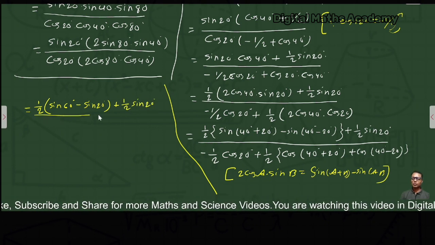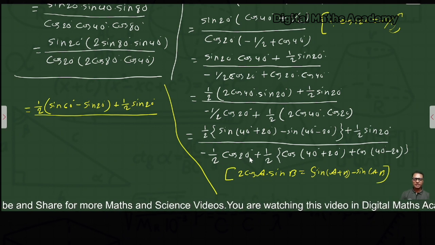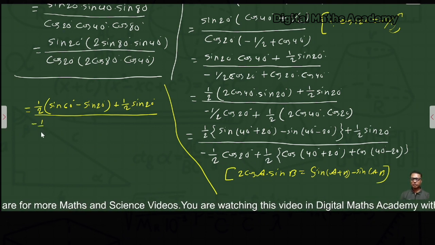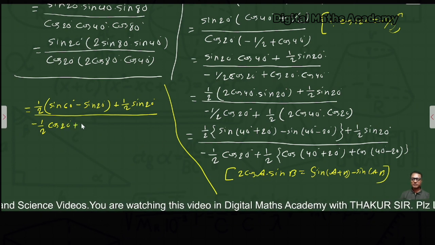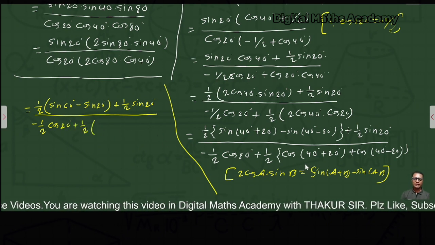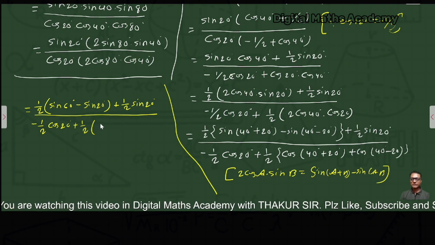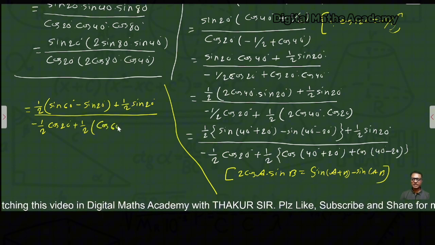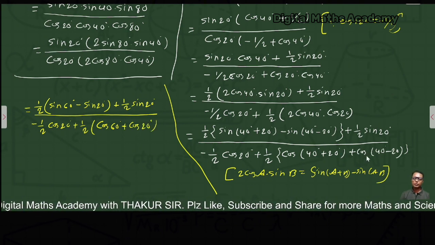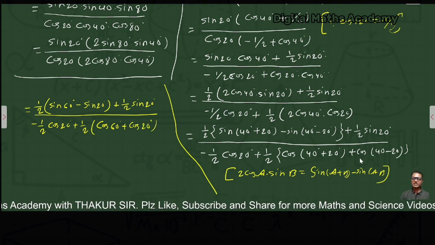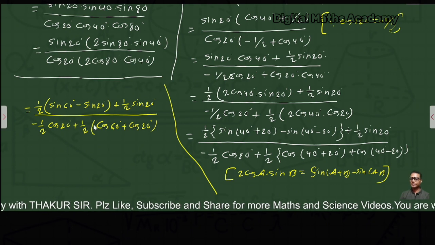At the denominator we write minus 1 by 2 cos 20 degree plus 1 by 2, and inside the bracket cos 60 degree plus cos 20 degree. Opening the bracket, 40 plus 20 is 60, 40 minus 20 is 20.